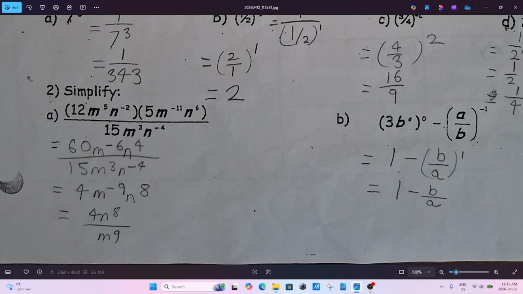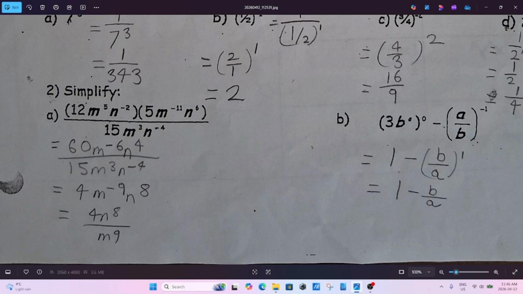And then we do m to the 5 and m to the negative 11. So we add them together and we get m to the negative 6 on the top. n to the negative 2 and n to the 6. We add those two exponents together, we get n to the 4. And at the bottom we still have m cubed n to the negative 4.